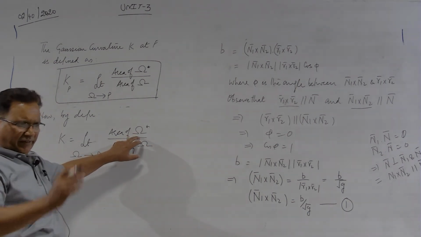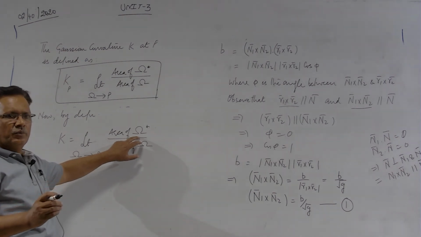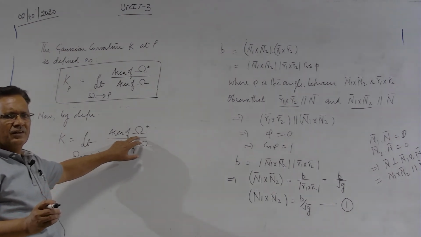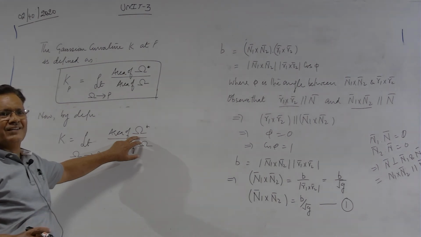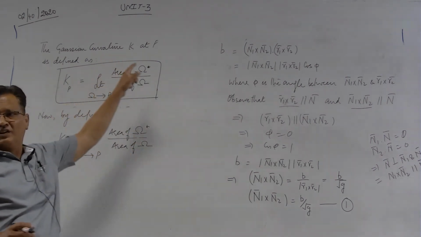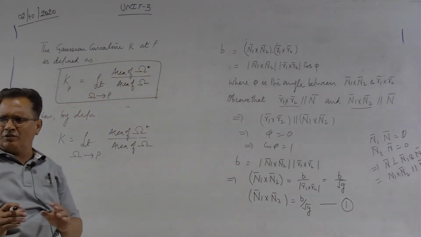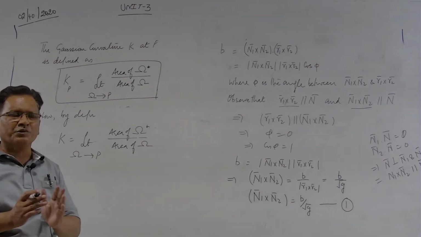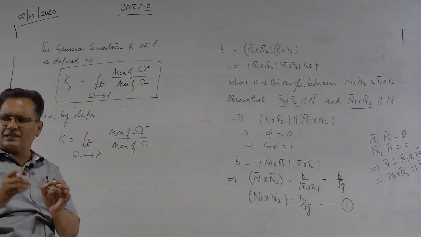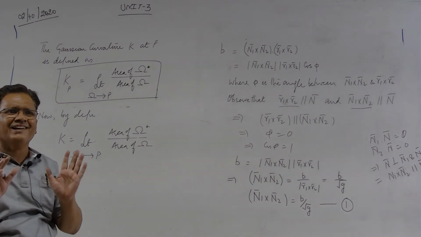So, position vector of any point in omega star will be what? Will be along n. This is the definition of the Gauss map, OP star equal to n. So, the position vector of a point inside omega star is n.